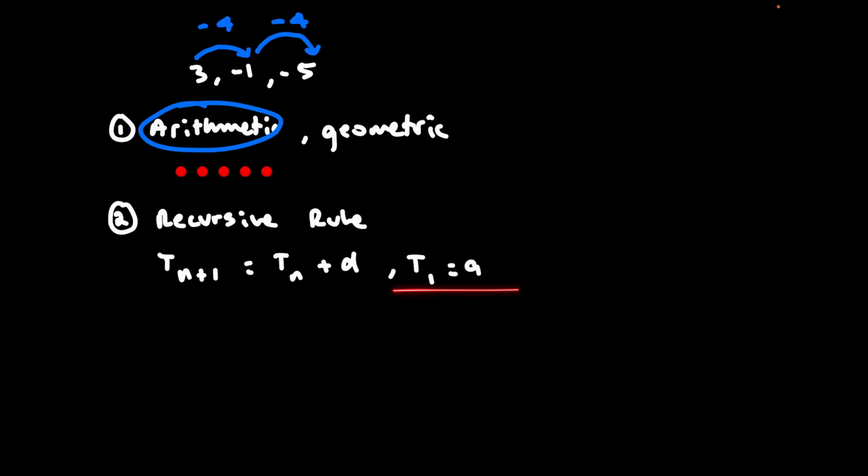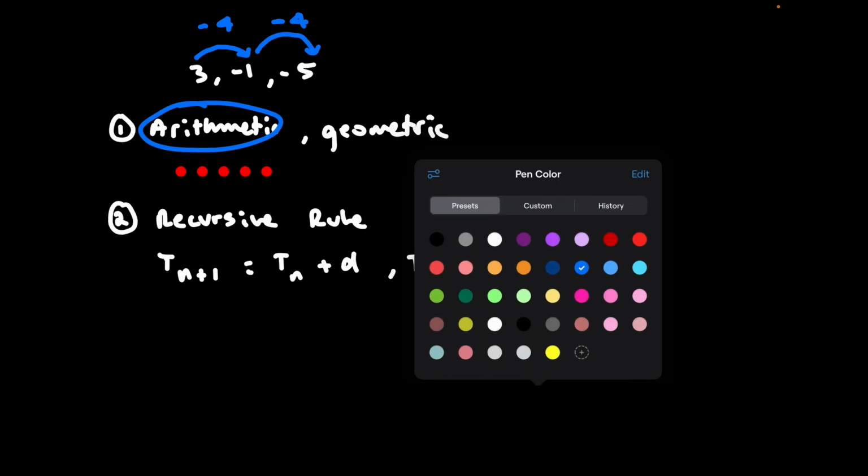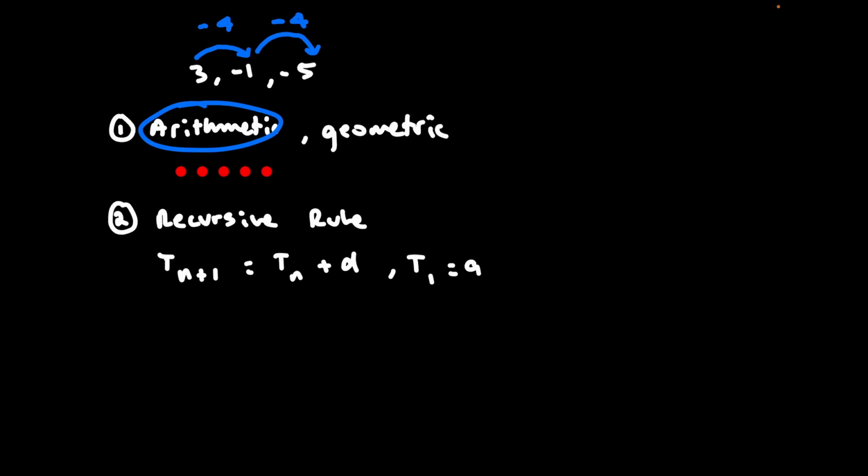If you forget to include this, the entire rule doesn't really work because you need the first term to kickstart this entire sequence. So for the following here, all we can say is the next term, Tn+1, is the same as the current term plus the common difference. And the common difference in this case is minus 4. So all I can write is minus 4. And in this case, the first term of our sequence is 3.